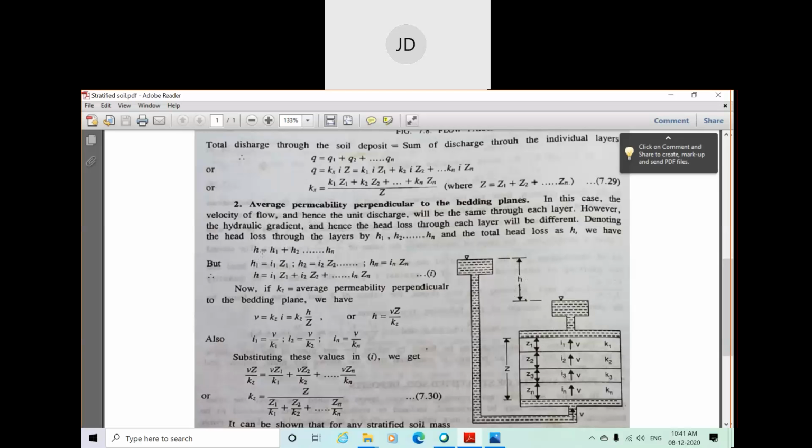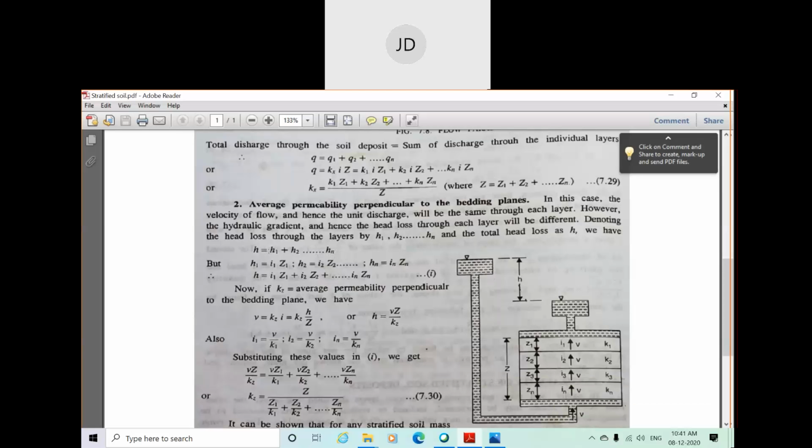Small h is the summation of h1 plus h2 plus h3 up to hn, where h1, h2, h3 or hn are the head difference or hydraulic head for the individual layers.